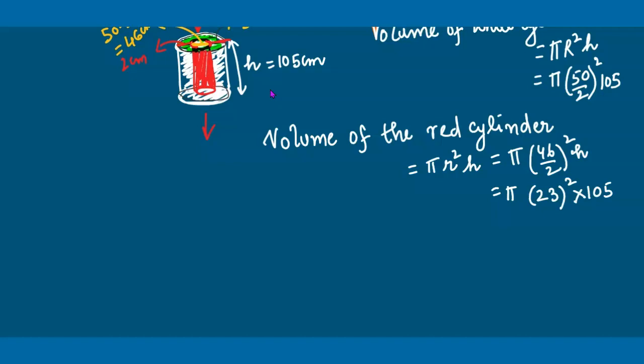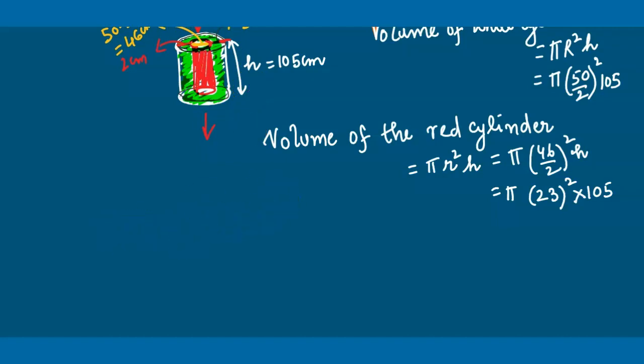So let's now find out the volume of this part, which we'll get by subtracting the volume of the inner cylinder from the volume of the white cylinder.